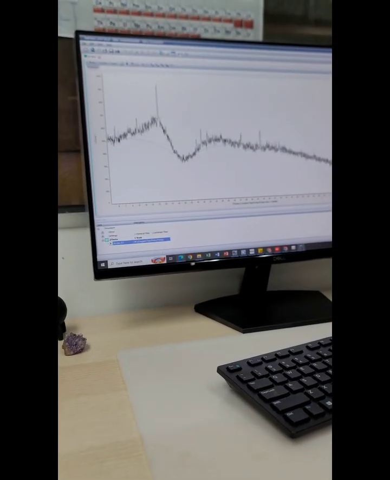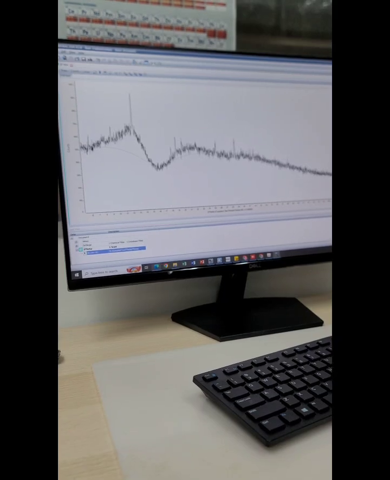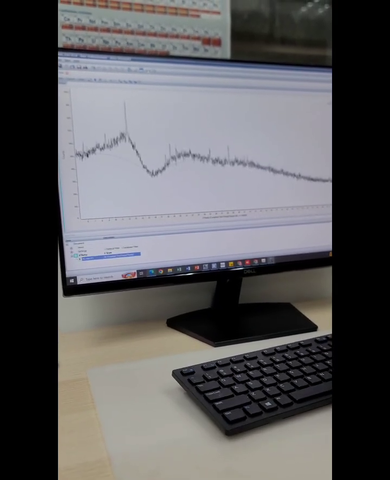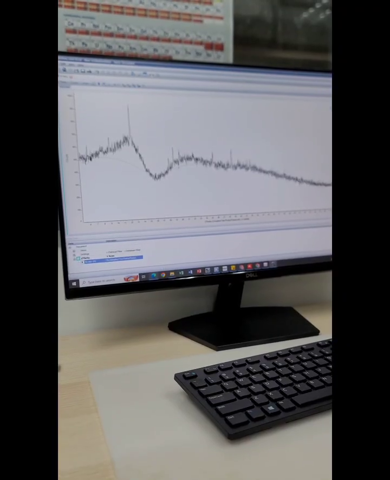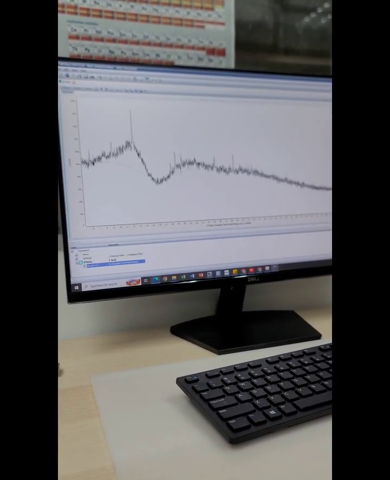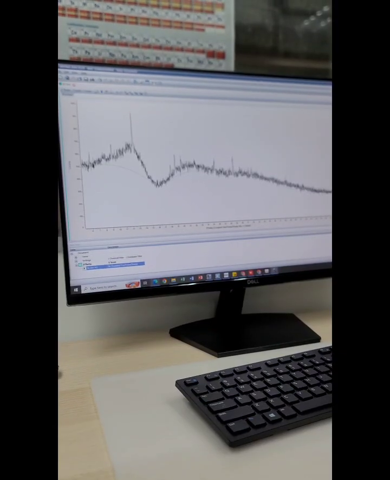Right now we will calculate the percentage of the crystalline form and the amorphous form, because some samples contain crystalline and amorphous forms at the same time. By using the XRD program we will show this.